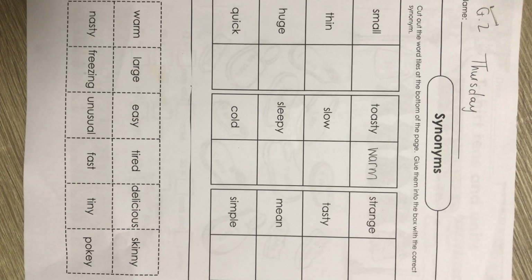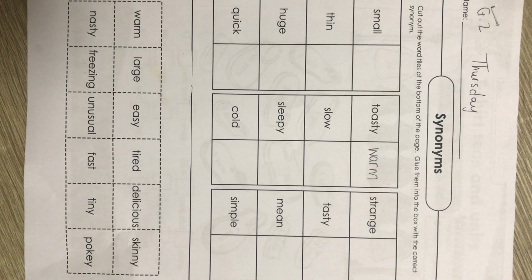No. Grade 2, here's a little hint for how to figure out whether they mean the same thing. Put one of the words that you are the most comfortable with into a sentence and see if you can replace it with this one. So let's see the word slow. If we say, the snail moves really slow, can you say the snail moves really nasty and it means the same thing? No. Nasty and slow do not mean the same thing. Tasty and nasty? No. Huge and nasty?